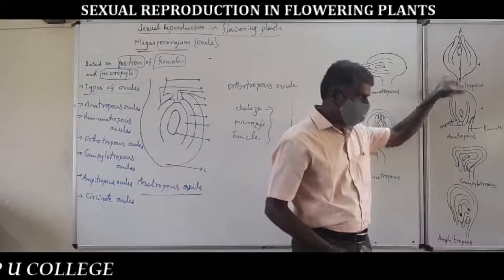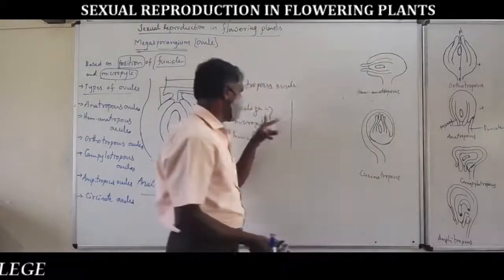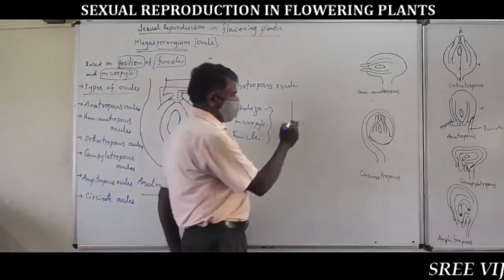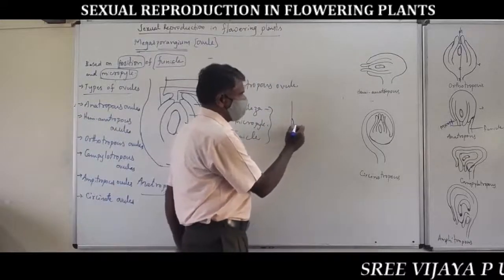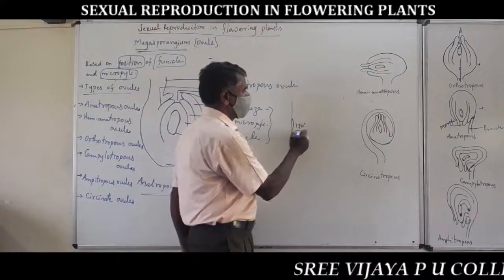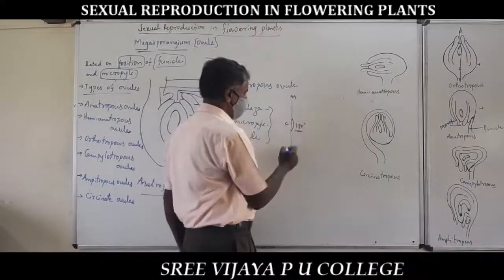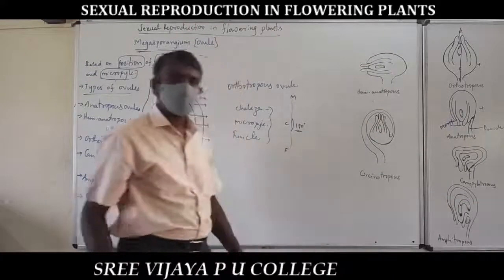As in orthotropous all three are in the same line, it leads to the formation of a 180-degree angle, where that is micropyle, chalaza, funicle.